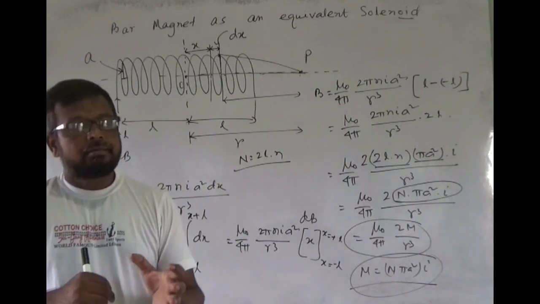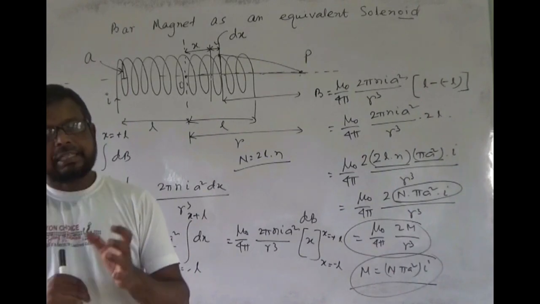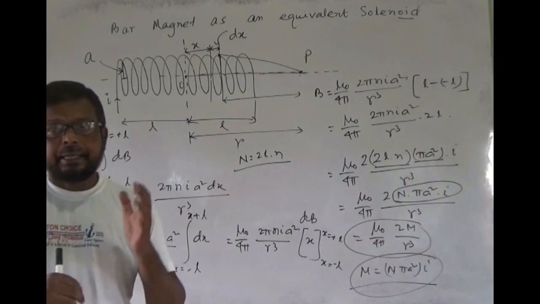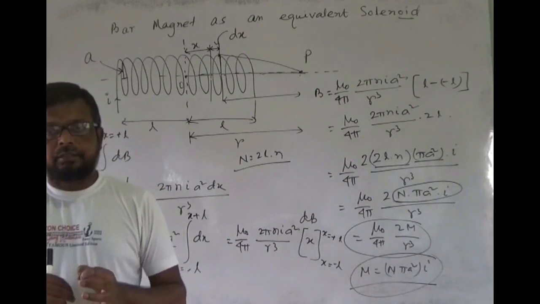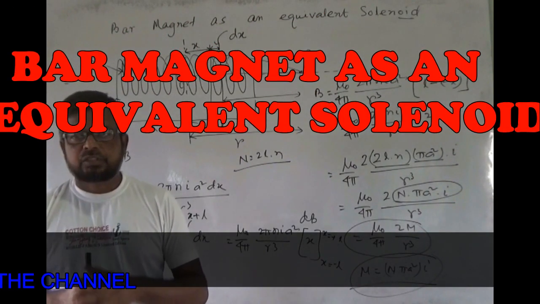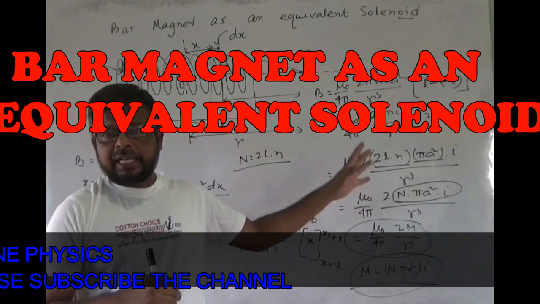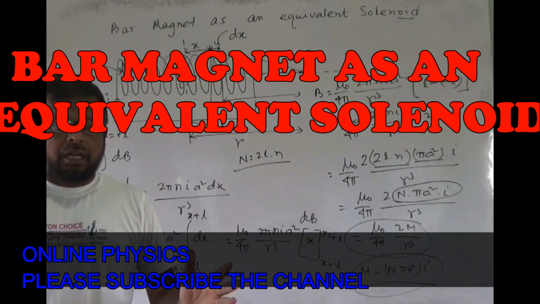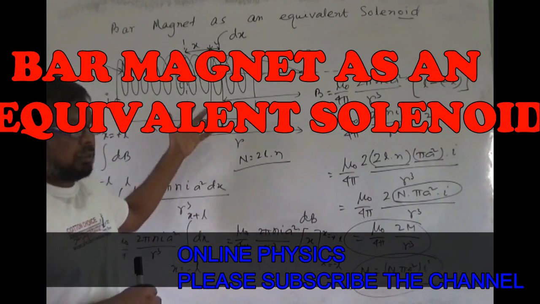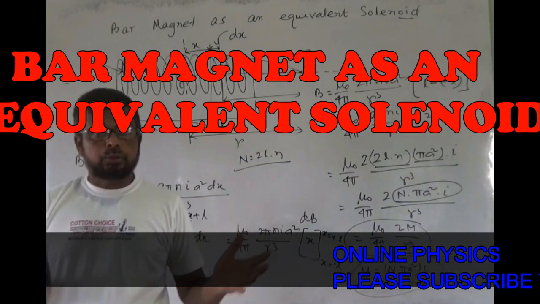A solenoid behaves like a bar magnet. This expression is the same as is the case of a bar magnet. Thus, a bar magnet and a solenoid produce similar magnetic field. We have calculated this for the axial point. You can calculate the field at any point due to the solenoid, and that can have the same value due to a bar magnet.